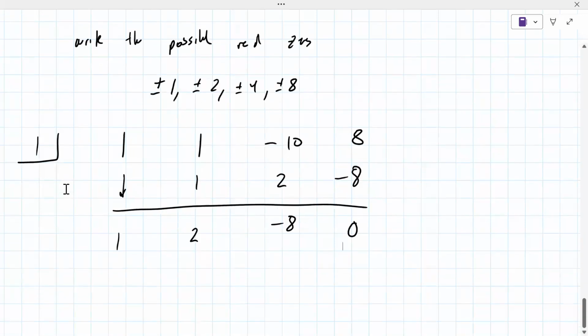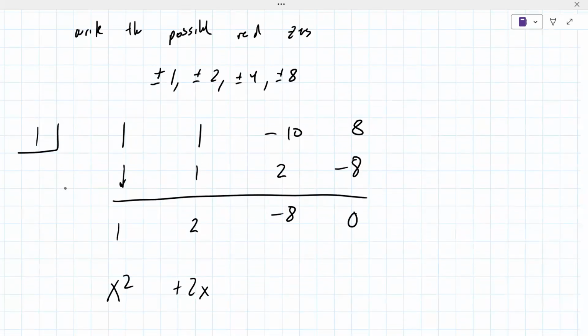So 1 is a factor, and this becomes x squared plus 2x minus 8. Can you factor this for us, please? That would be x minus 2, x plus 4.